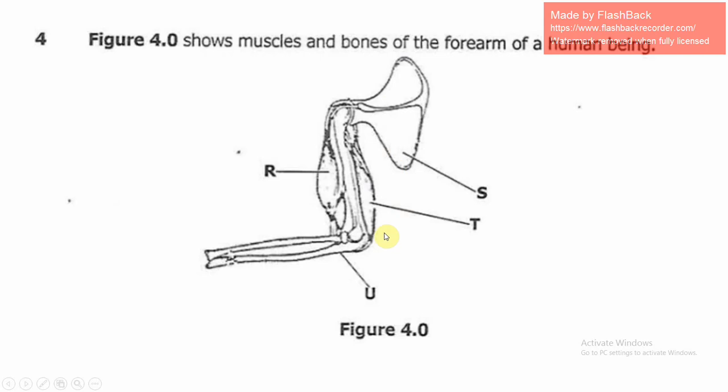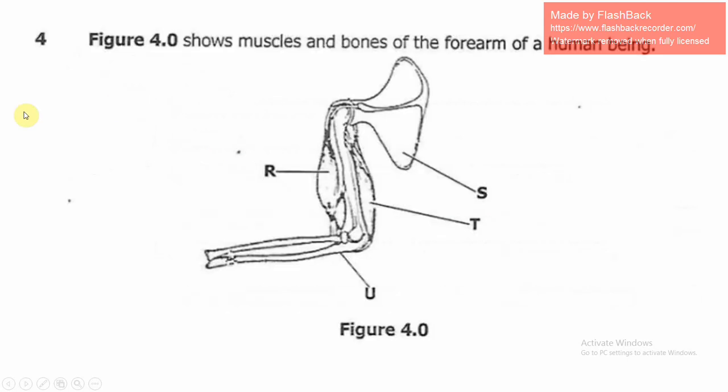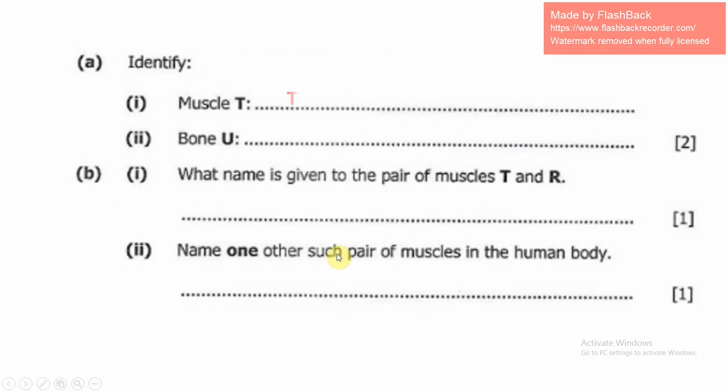Then numero 2 says we identify bone U. Bone U is the ulna. Let's put the answers there. So muscle T is the tricep, that is how we spell it. Then bone U is the ulna, that's the bone. Then the other bone is the radius.